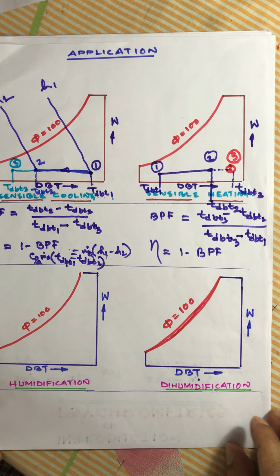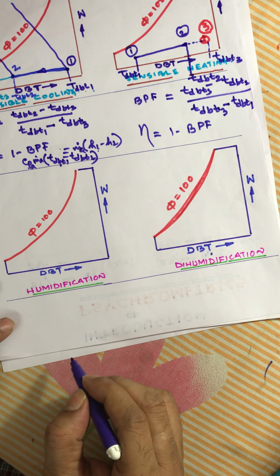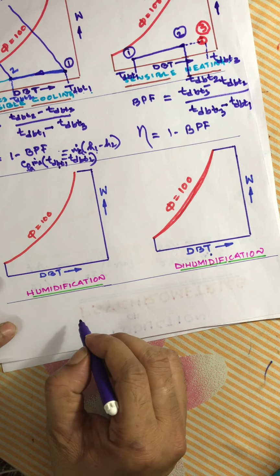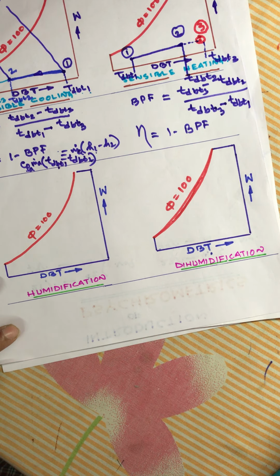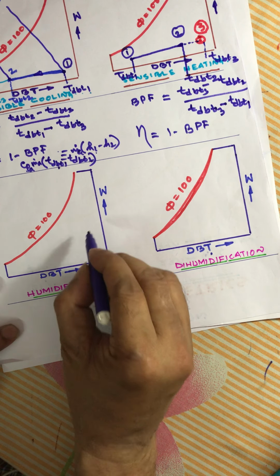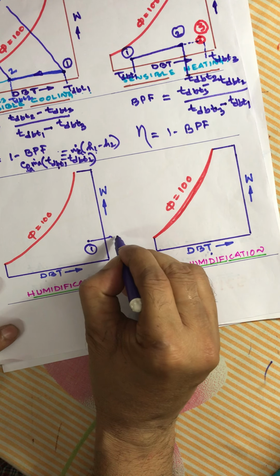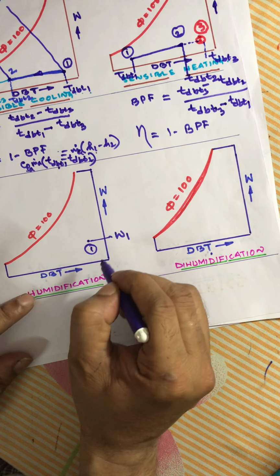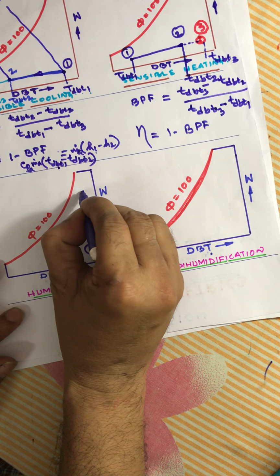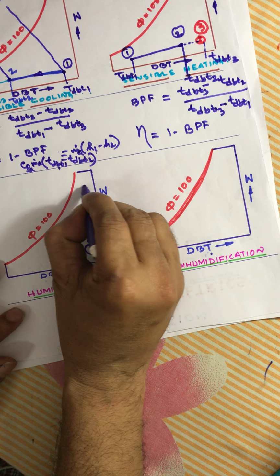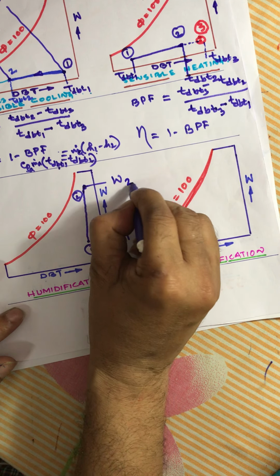Now, humidification process. What is the humidification process? We will consider here, at constant dry bulb temperature, humidification process and dehumidification process. Suppose this is the initial point 1, this is W1, and if we humidify the air, the W will increase. Suppose this is 2, this is W2.